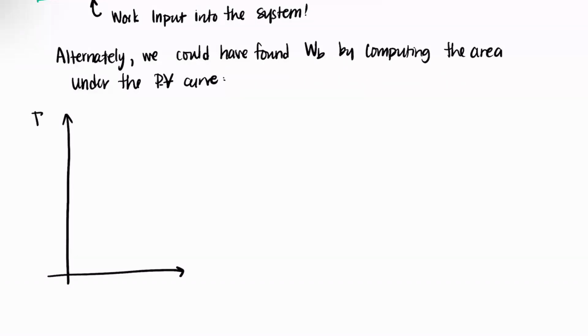So we have our pressure and our volume axes. This is V2, this is V1. And then we have pressure 1 and pressure 2.